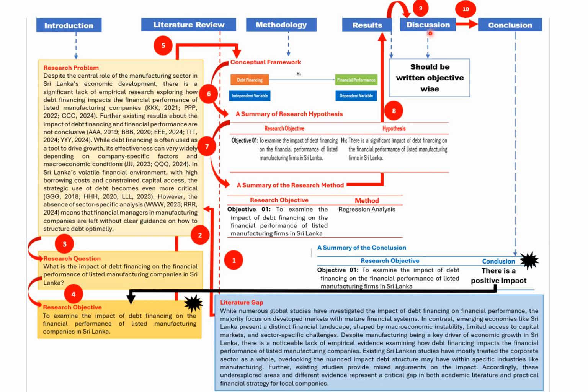Again, you need to arrange your discussion based on your objective. Whatever results you achieved, you need to support them with the literature. For example, let's say you got a result that there is a positive impact of debt financing on financial performance of listed manufacturing companies in Sri Lanka. You have to prove it under the discussion section based on your literature.